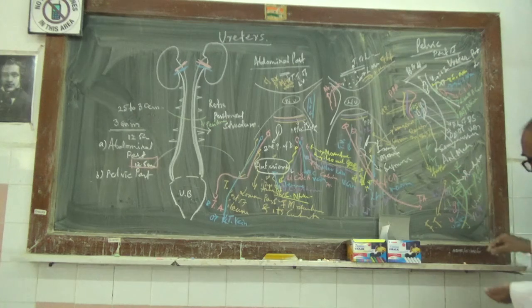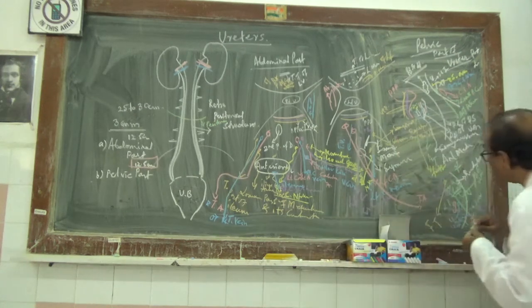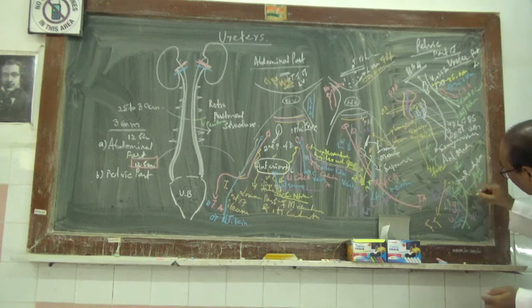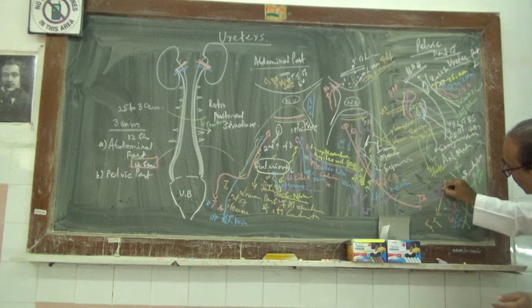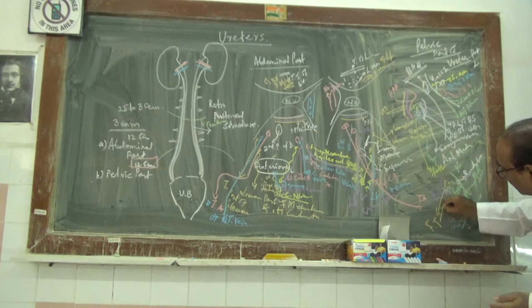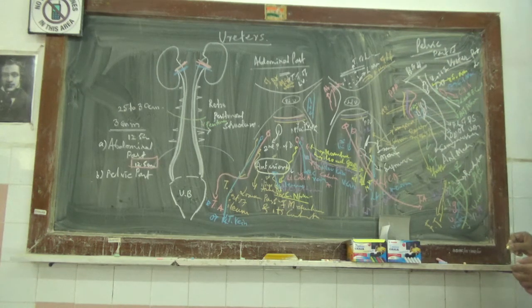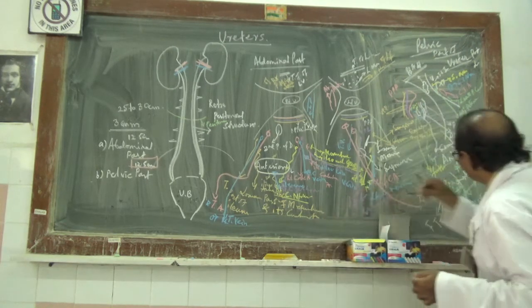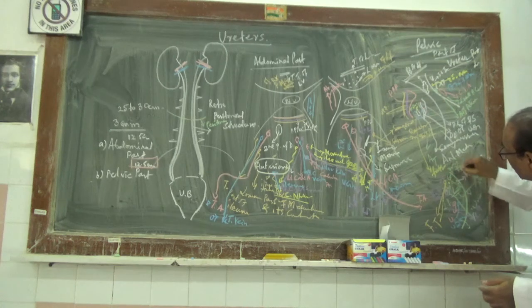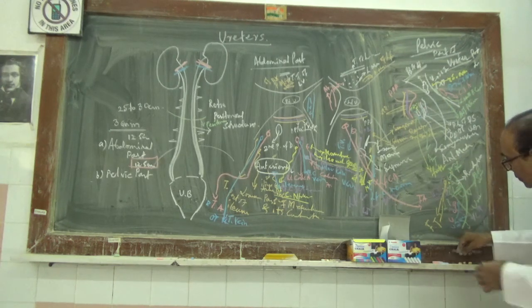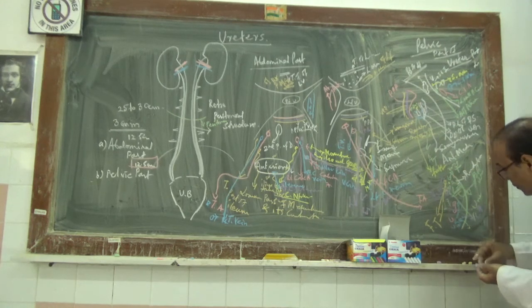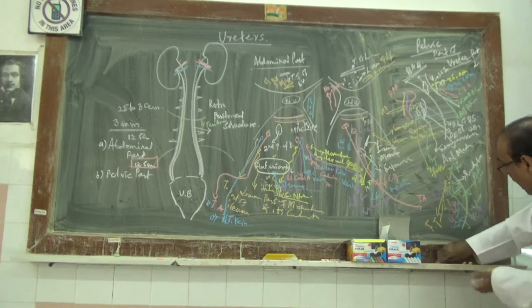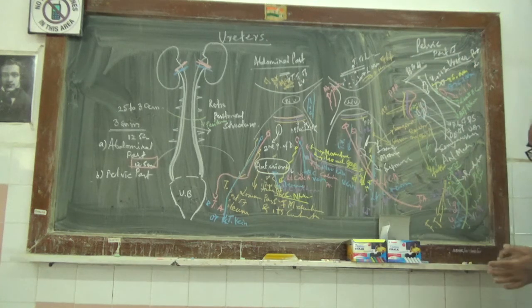Apart from this, you have the ovaries, ovarian arteries, ovarian veins, and the ovarian group of lymph vessels and lymph nodes.